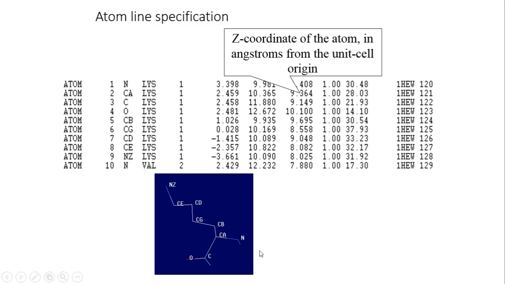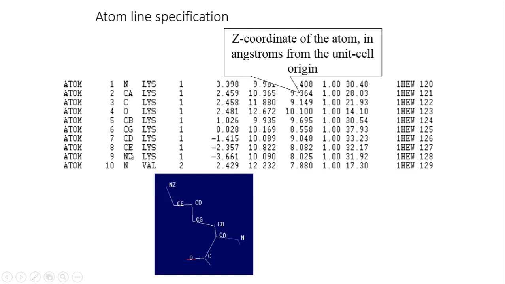Of these lines, this N, C alpha, C and O are called the backbone atoms, and whatever is present subsequent to the C alpha carbon atom corresponds to your side chain carbon atoms.